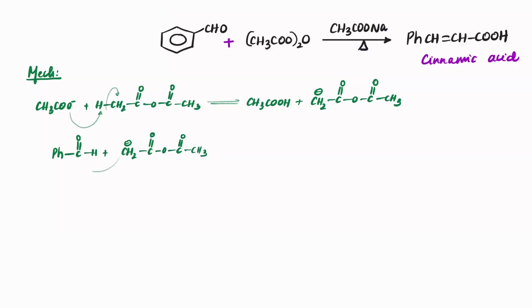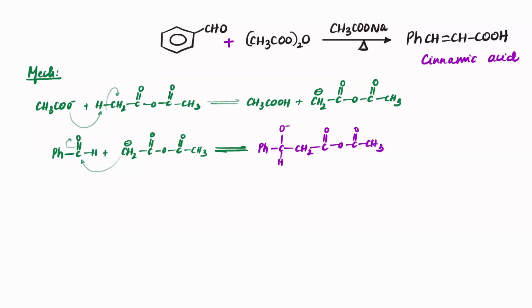So this C minus will attack here and open the bond here. As it happens, we can see Ph-CH-O minus, and we'll have this H connected with CH2, C double bond O, O, C double bond O, CH3.